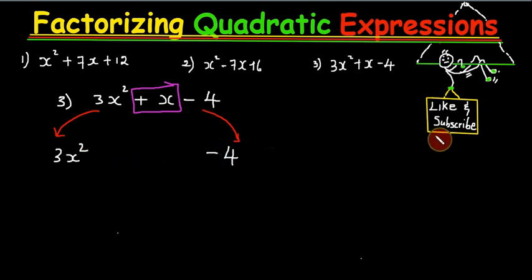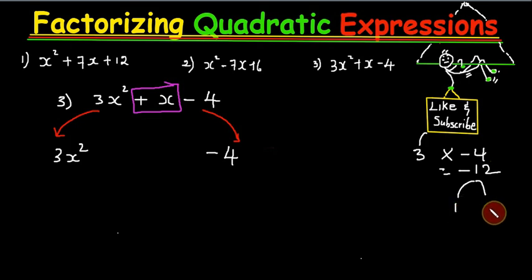So the face here is the coefficient of x squared, so we have 3, multiplied by the tail, negative 4, so we have negative 12. So factors of 12 would be what?